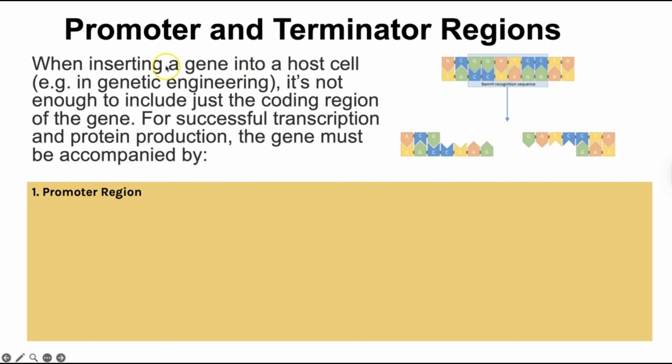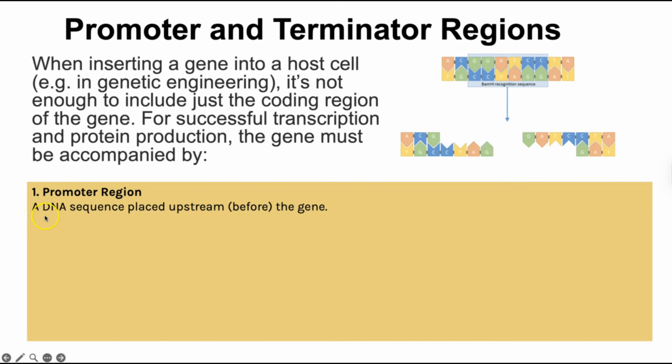So when we insert a gene into a host cell, so basically when we take one gene and put it into the DNA of another organism, it's not enough to include just the DNA base sequence that codes for the amino acids. For transcription to successfully occur, you also have to add a promoter region at the start of the gene.